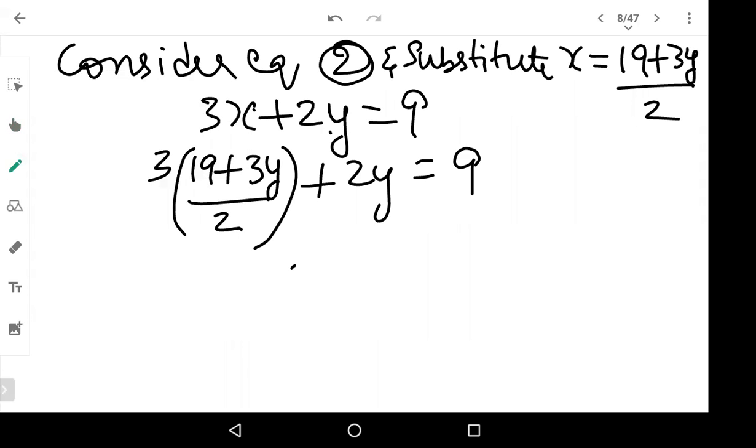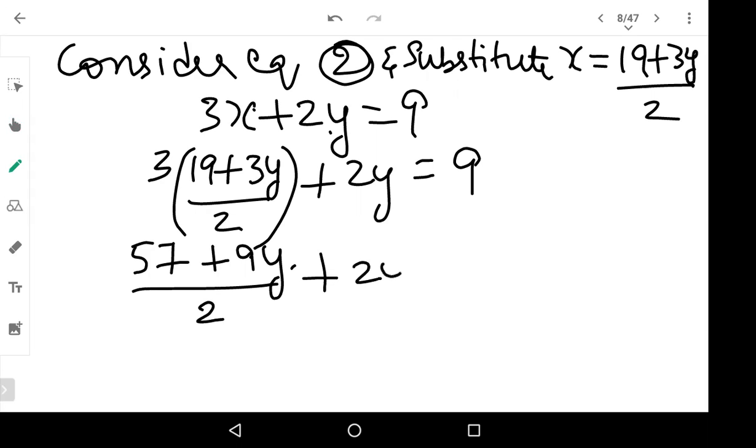First we have to multiply 3 into 19 and 3 into 3y. So 19 into 3 will give me 57, plus 3 into 3 is 9y, divided by 2, plus 2y is equal to 9. This is the expression I get.